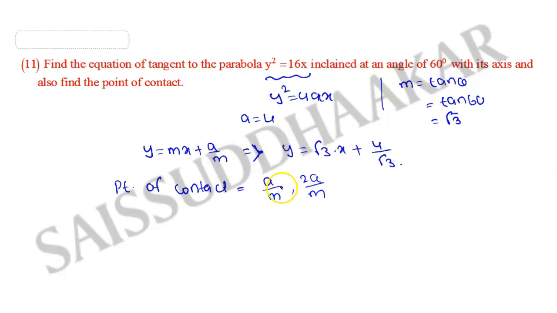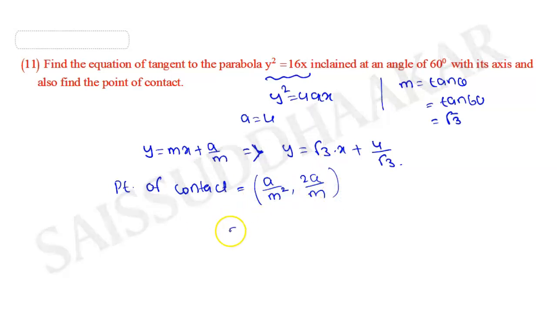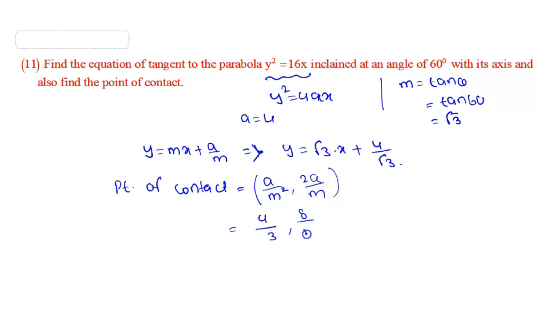That is equal to 4 by m square, where m is root 3, so m square is 3, comma 2 into 4, which is 8, by root 3. So the point of contact is 4 by 3 comma 8 by root 3. This is the answer for the given question.